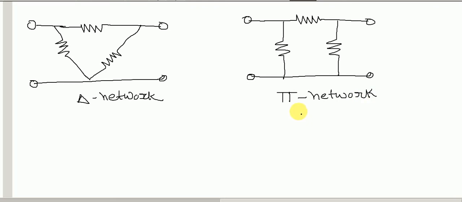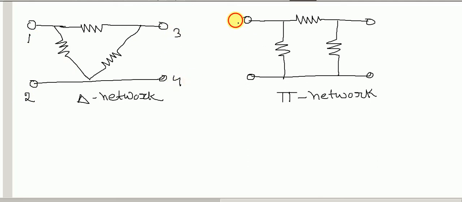Now let us try to name it. Let us name it by the black color itself. So this is 1, 2, 3 and 4.